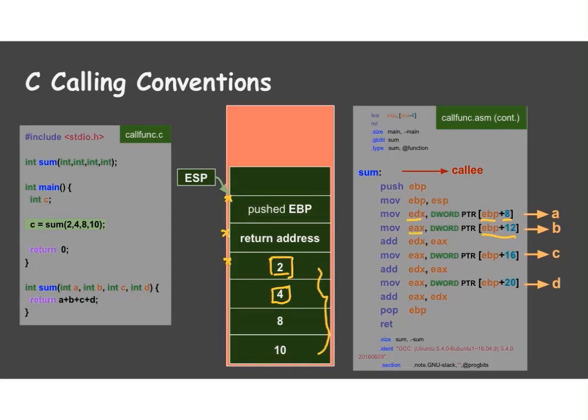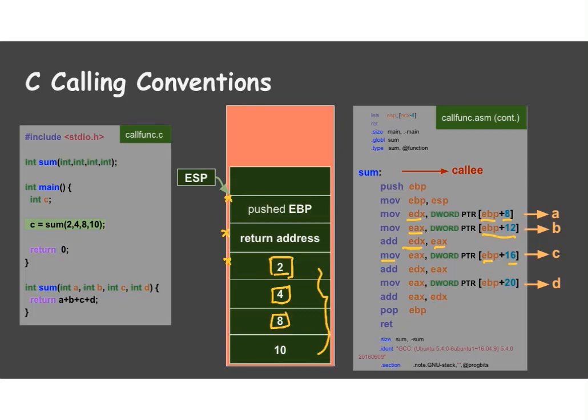Actually, this is what the C does. Then we add these two together, meaning that we add 2 plus 4, and the result is going to be stored in EDX register. The next thing we do is we get EBP plus 16. This time we access number 8.